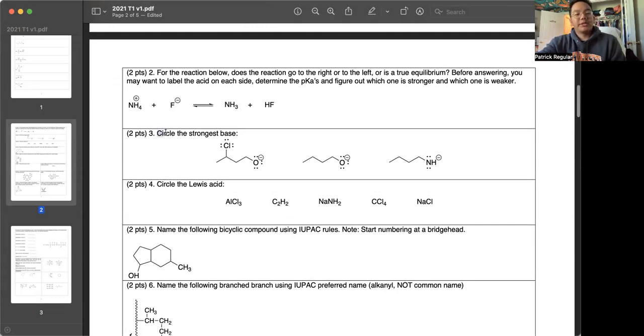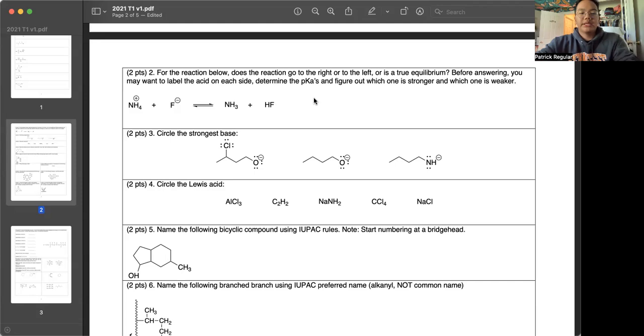Here's a very good one. Circle the strongest base. Now this goes into the inductive effect. So the strongest base is the weakest acid, and the weakest acid is the least electronegative. That's the logic here. Try to annotate.